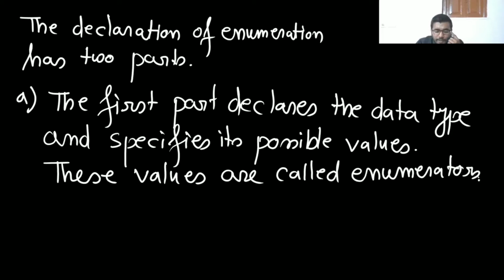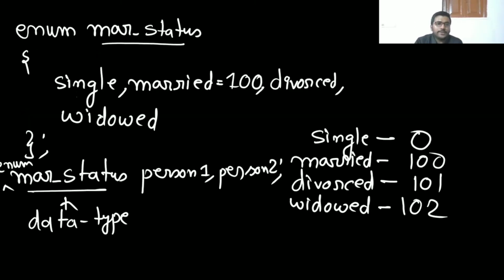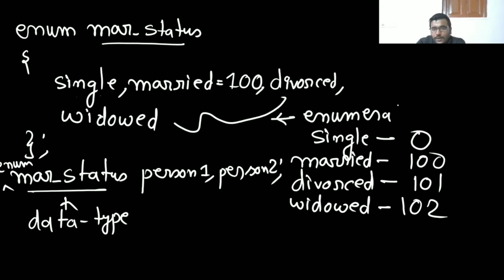And the second part declares the variables of this data type. The first part of this declaration specifies the data type and its possible values, and the second part specifies its variables.